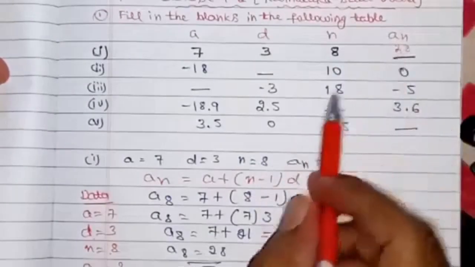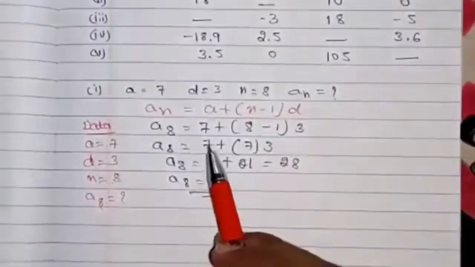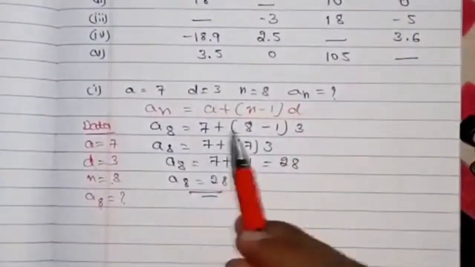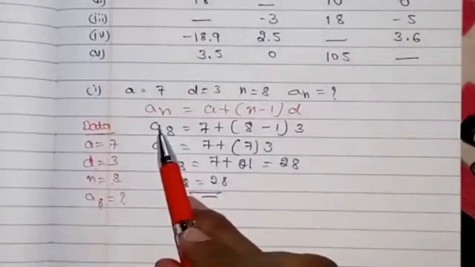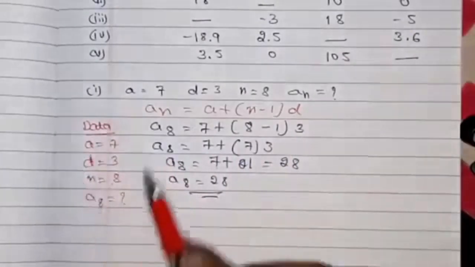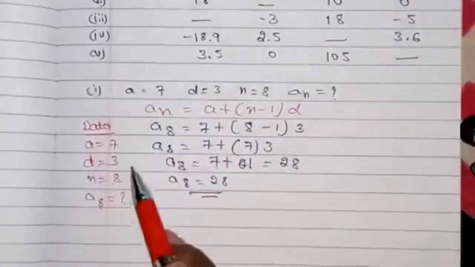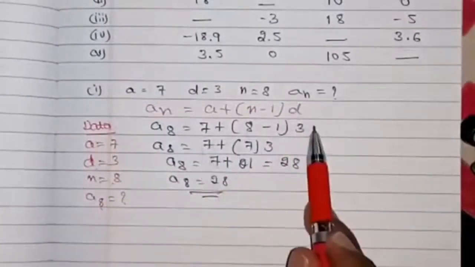Okay, so this is the first problem. It is a simple problem that you can solve. Just remember the formula, write down the data, apply the data to the formula, and simplify it.